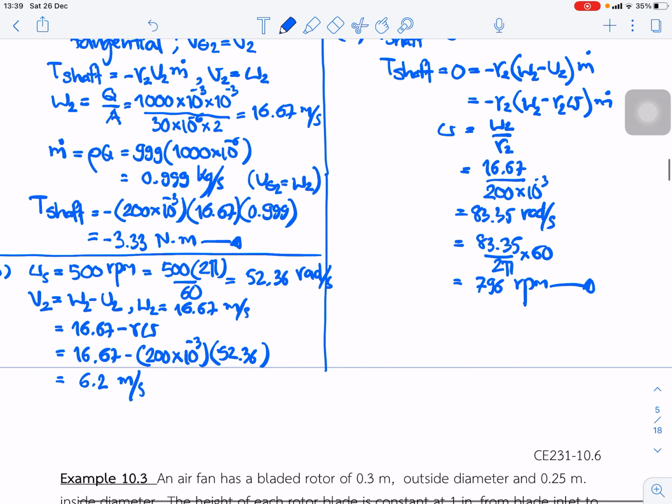So we can see that T shaft from part A is greater than from part B, and if T shaft is equal to 0, it means the angular velocity is limited to some number.